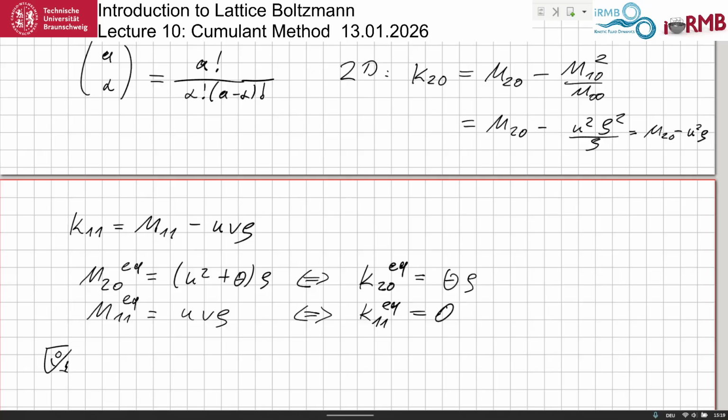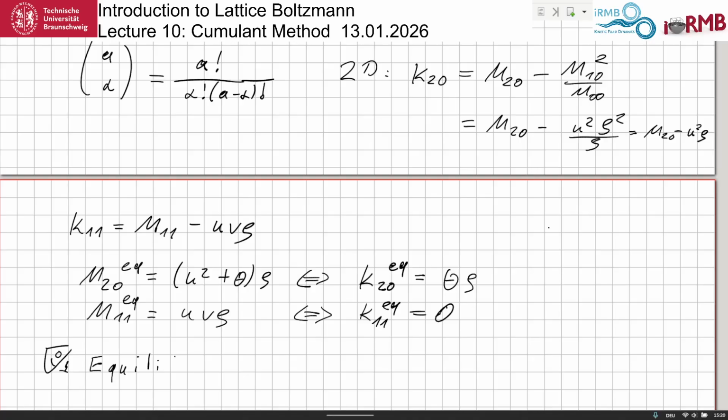This is not true for central moments, and also not physically, not only for the Lattice Boltzmann method, but also for the Boltzmann equation in general.